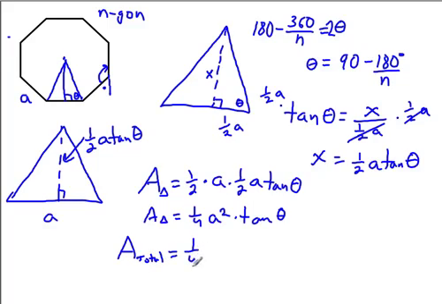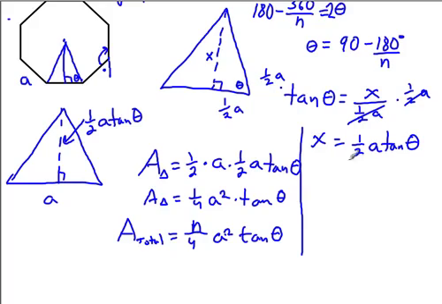So the area of the regular polygon, or I'll call it area total here, is going to be equal to n times a quarter times a squared times tan theta. Now let's reduce this tan theta actually.